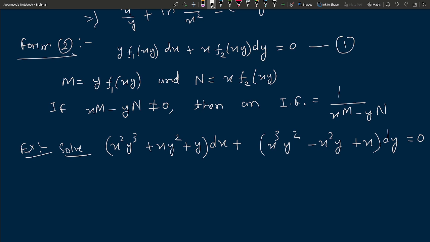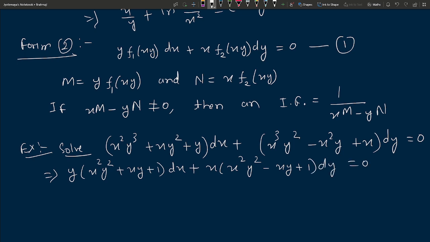So I can see that there is y in every term in M, and in N, which is multiplied with dy, I can take x common from every term. So taking y common, I have y times (x²y² + xy + 1) dx, plus here I can take x common, every term has x. So after taking x, I have x times (x²y² − xy + 1) dy equal to 0.